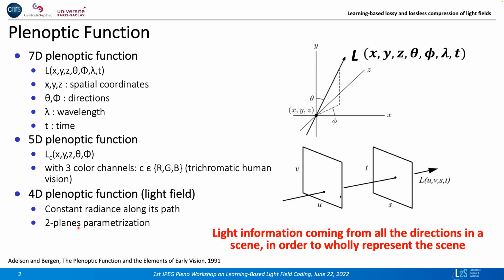And then you can also consider that the light is constant along a ray, which gives you the possibility to reduce one more variable, coming up to a 4-dimensional function, which is typically called the light field. The typical way to represent this is what is called the two-planes parameterization, in which you have essentially two spatial variables and two angular variables to represent your light field.